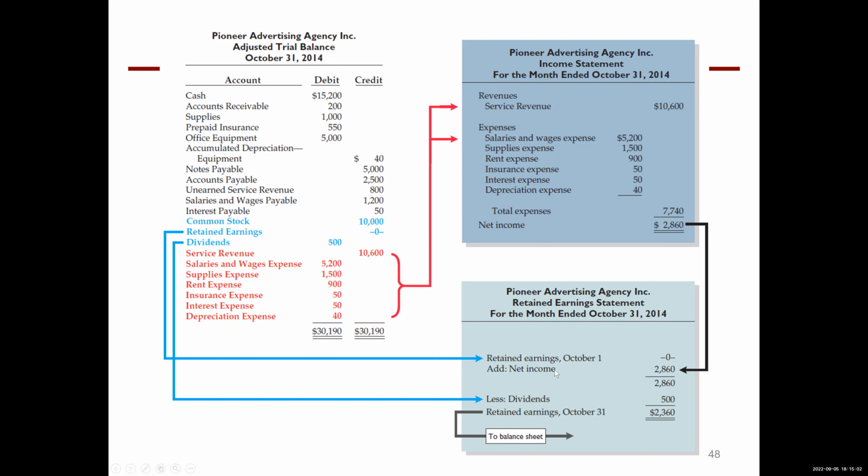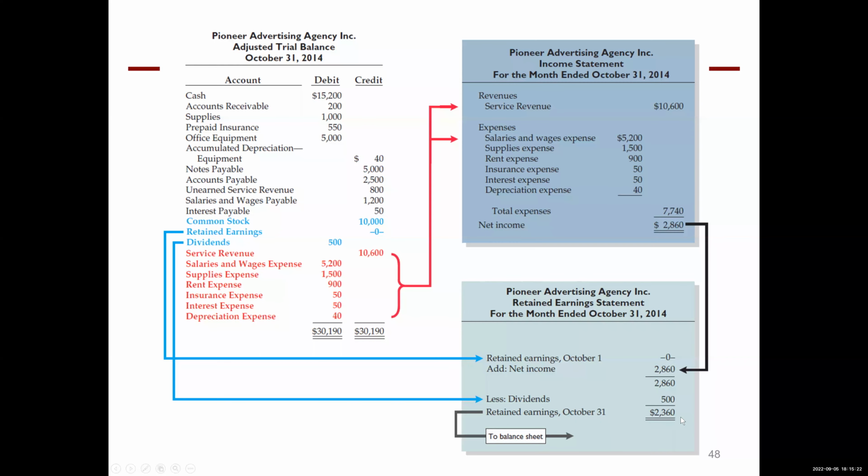Net income increases retained earnings, dividends decrease retained earnings. Where do we get the dividends? Right here, dividends of 500. So beginning retained earnings plus net income minus dividends is our ending retained earnings as of October 31.